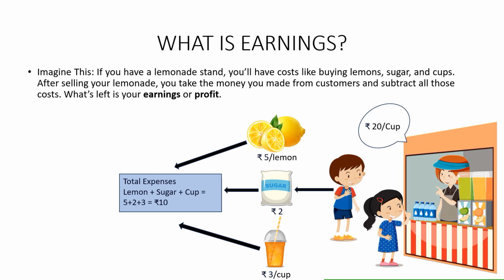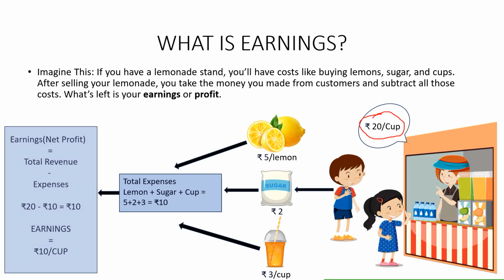So earnings is also called profit. Let's say the lemon costs you about 5 rupees, sugar about 2 rupees, and a cup about 3 rupees. So the total is about 10 rupees, but your selling price is how much? 20 rupees.